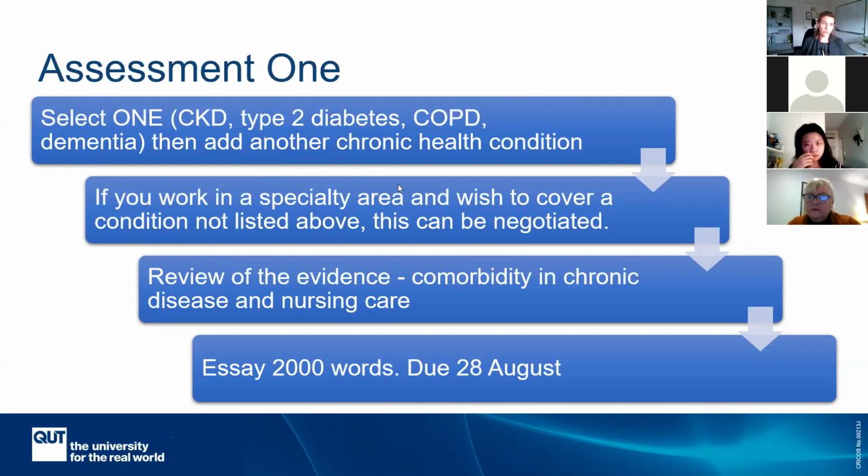It's all about a review of the evidence. So I really want to see you critically reflecting on the evidence around the comorbidity of those 2 diseases and nursing care. I want to see you applying some of the concepts that we've talked about today, and thinking about how, as nurses, we deliver interventions that are really about addressing person-centred care or supporting self-management.